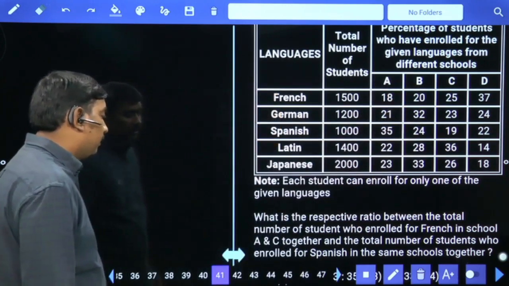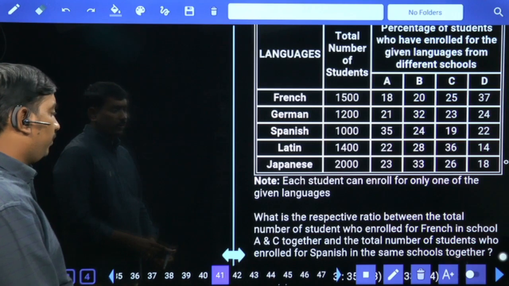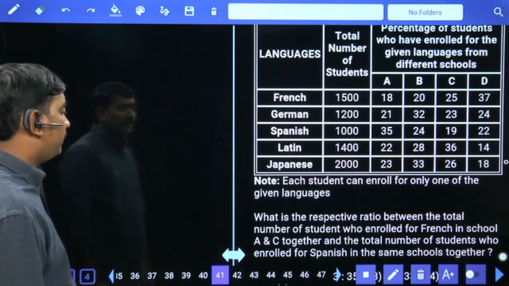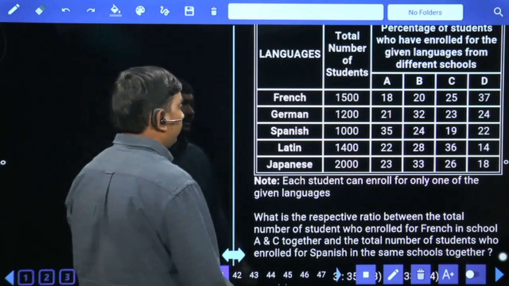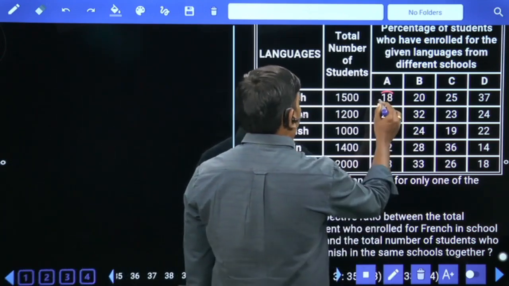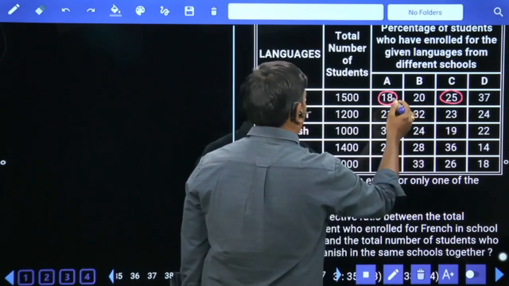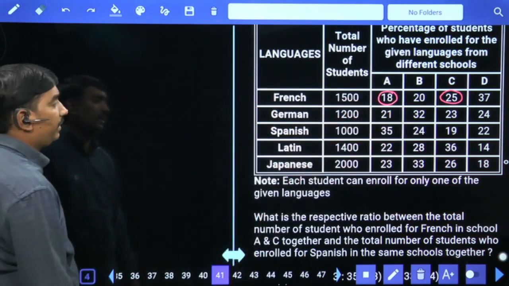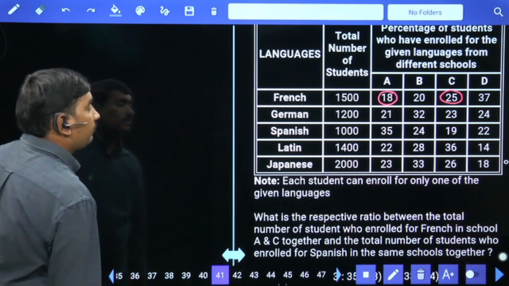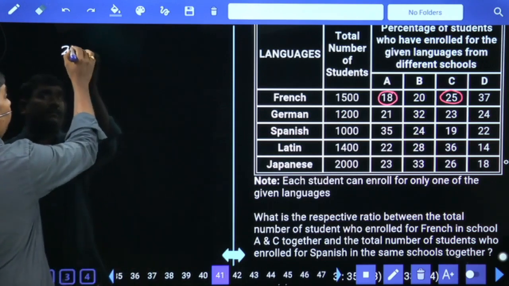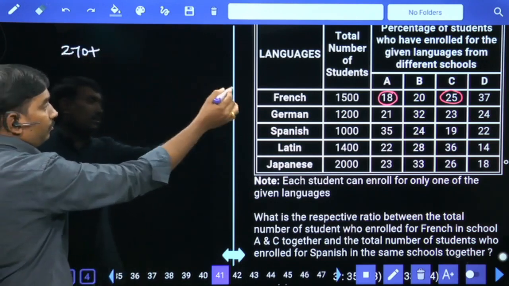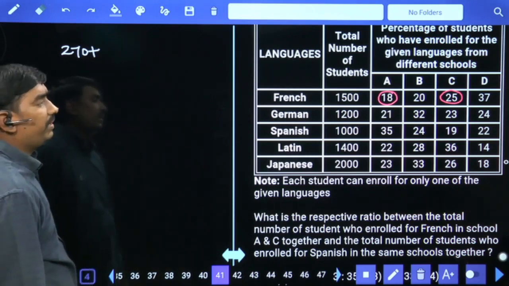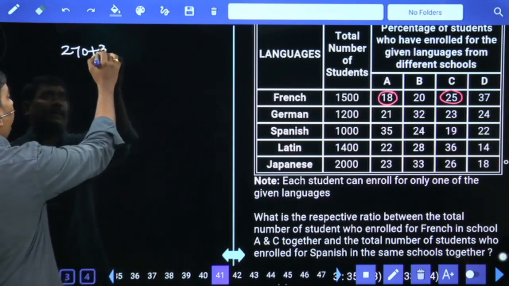First one. What is the respective ratio between total number of students who enroll for French in schools A and C together? French, school A and C together. 18% of 1500 is nothing but 270, plus 25% of 1500, which is 375.